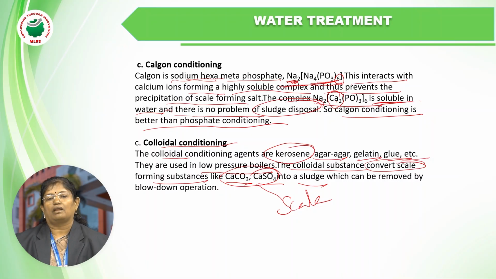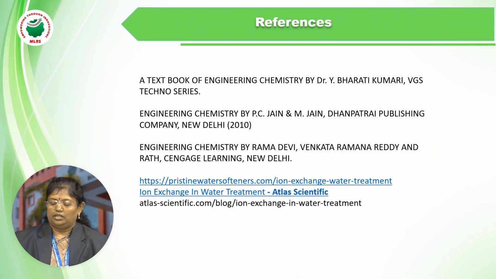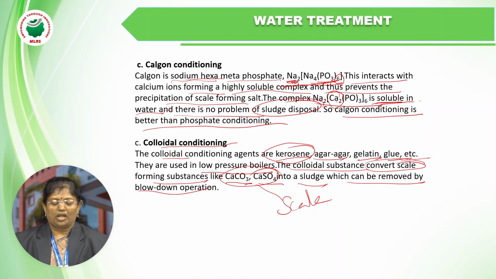That is why the scale forming salts are converted into sludge, which can be removed by the blowdown operation, by converting into colloidal particles. Here the kerosene surrounds the salt ions as a colloidal particle. So this is about colloidal conditioning and Calgon conditioning.